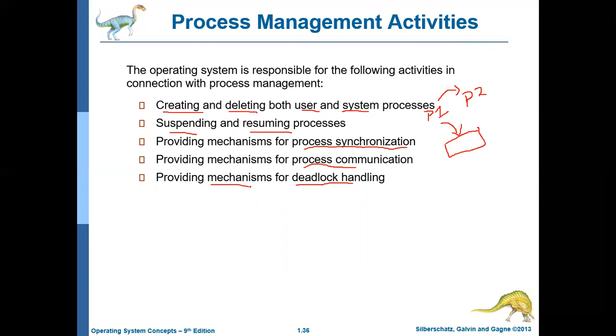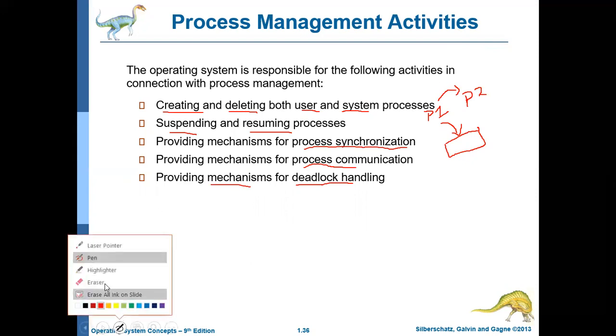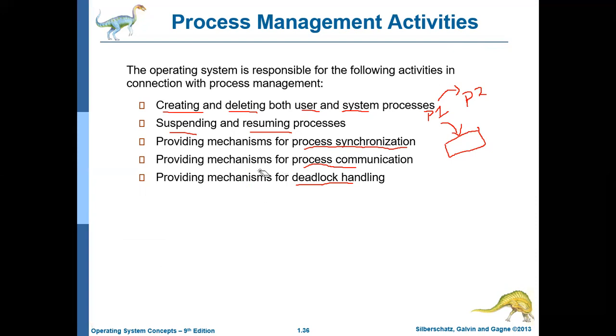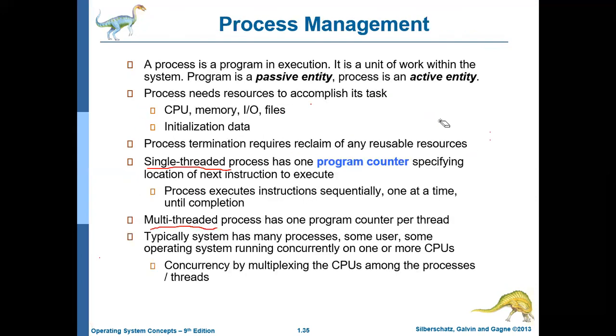Okay, so let us stop here. What we have discussed is process management, what the operating system does as a process manager. Initially we defined a process and the difference between a program and a process, and we discussed the resources required by a process.